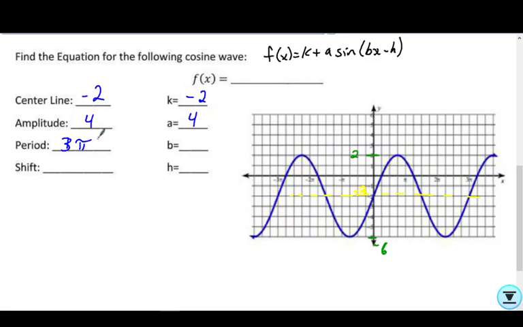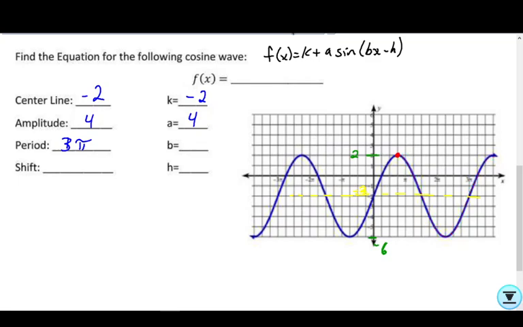Okay. Now this is where it gets interesting. I have to choose which wave I'm going to use if I'm using cosine. So I could start my cosine wave here and go to here, and that's one wave.